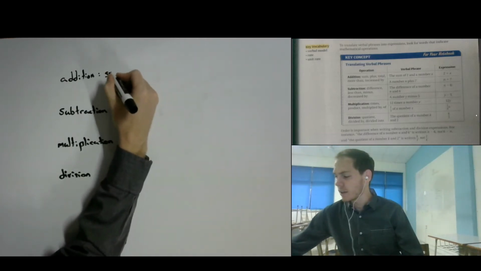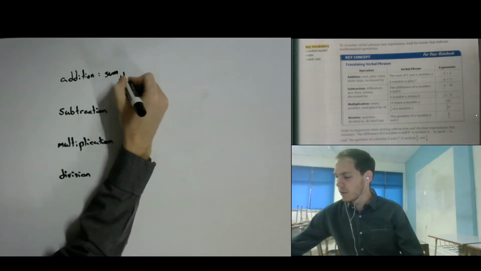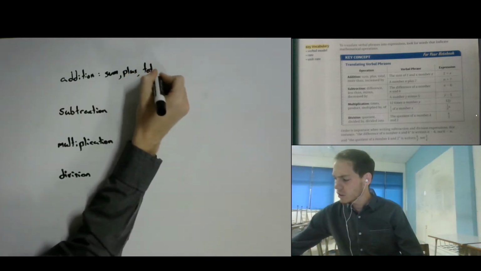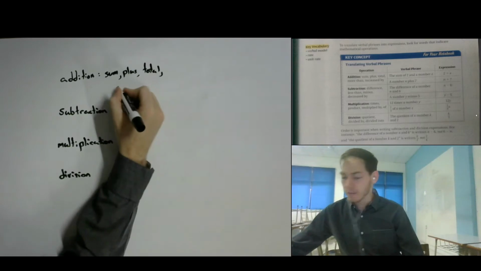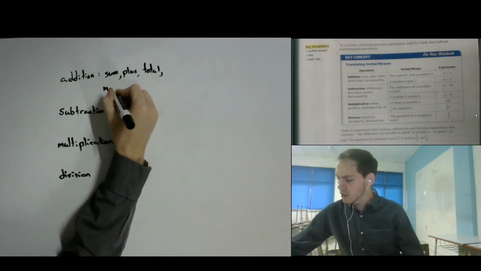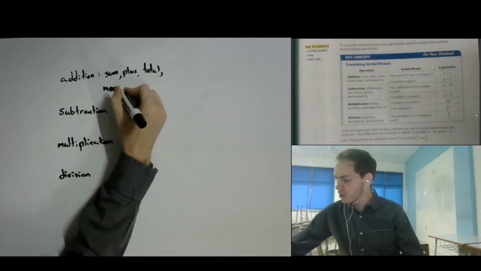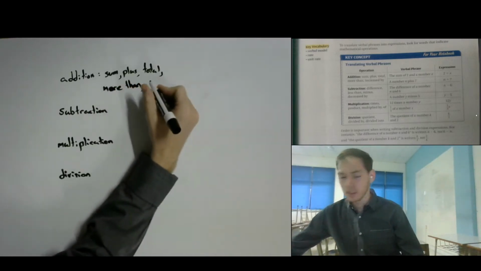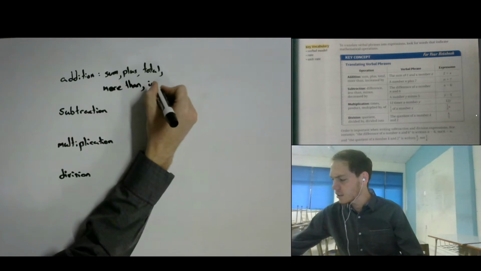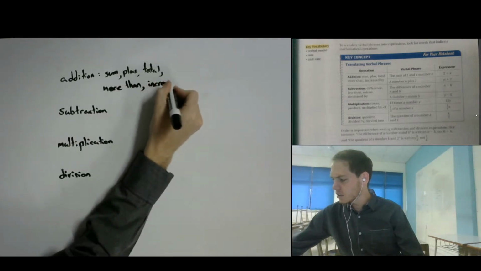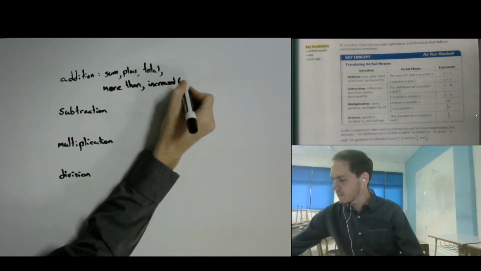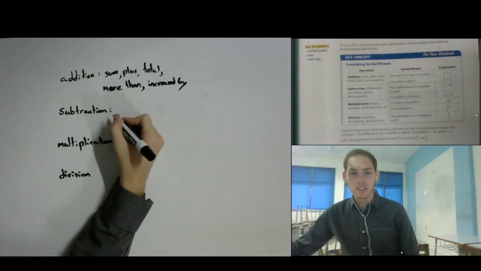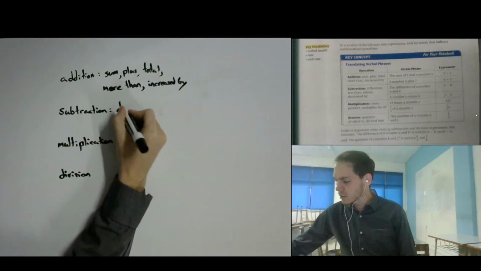So we have sum, we have plus, we have total, we have more than, and increase by. These are all in your book. Now subtraction is going to give us difference.